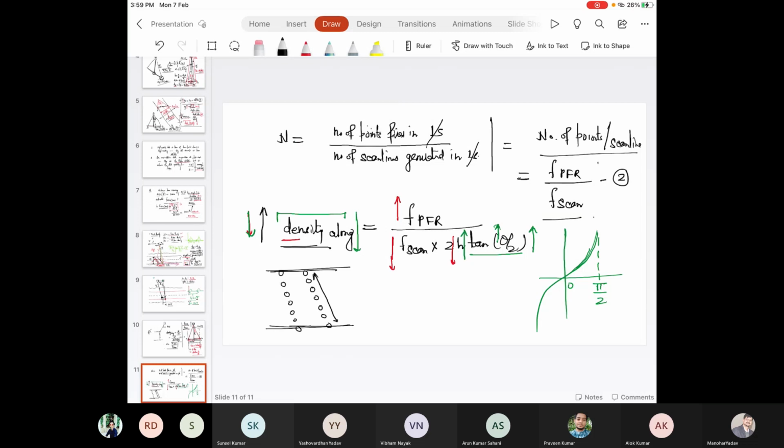Though I have drawn it in a slant way, I assumed that it is vertical. Now another density is along the flight direction. It means what is the spacing between these two? How do we calculate the spacing between these two successive points in the forward direction?